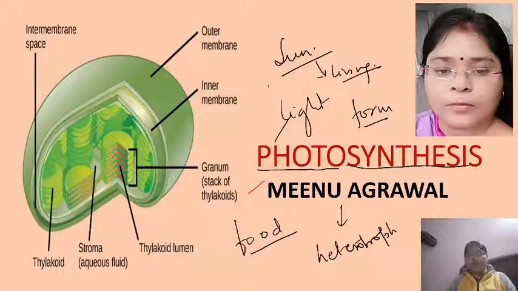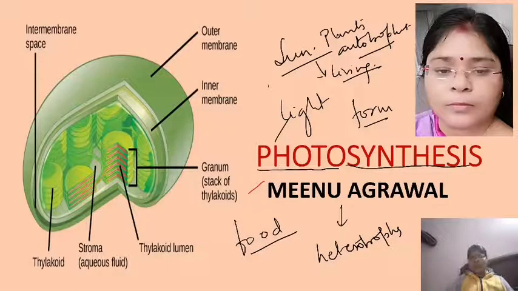Therefore, what are they called? Plants are called autotrophs. You know all these terms, it's nothing new I'm telling you. It's just helping you to revise these concepts.